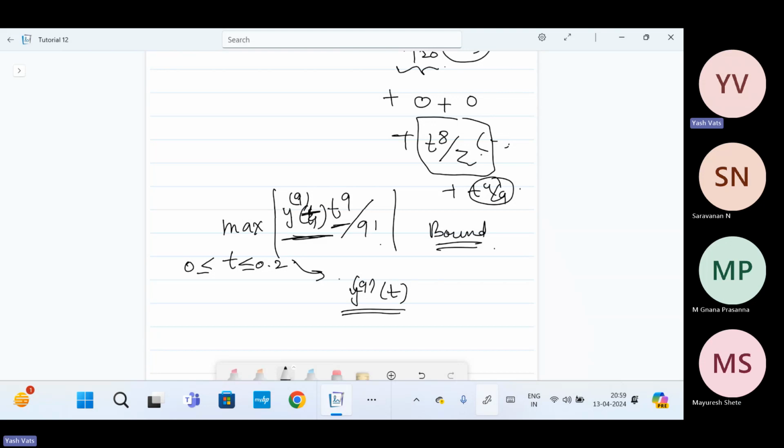How do you calculate it? You just calculate it using the differential equation you have, right? Just try to calculate from there.